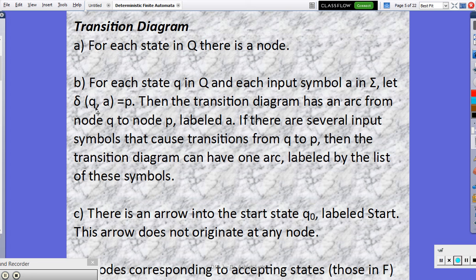So the meaning here is when we provide any input to this state, we are reaching P.